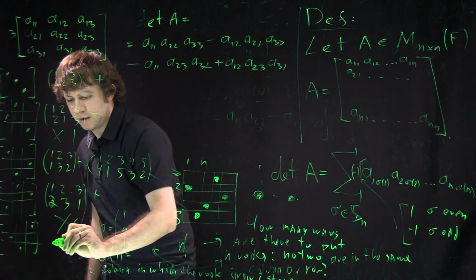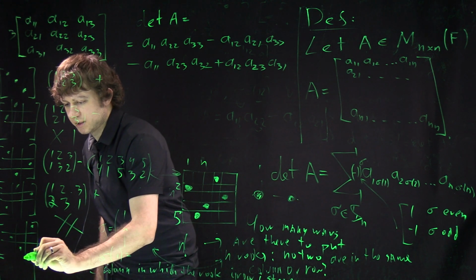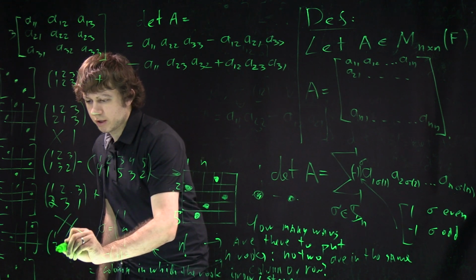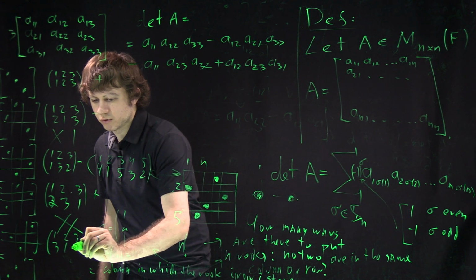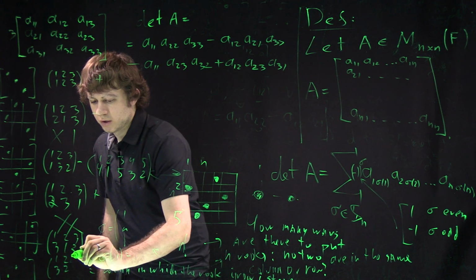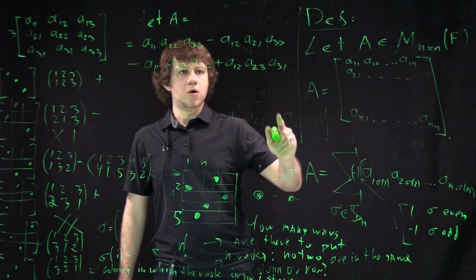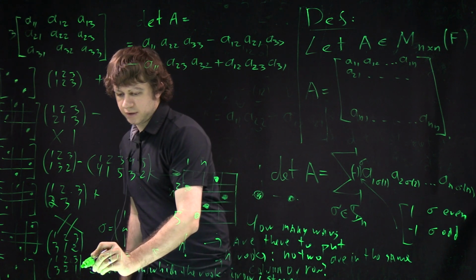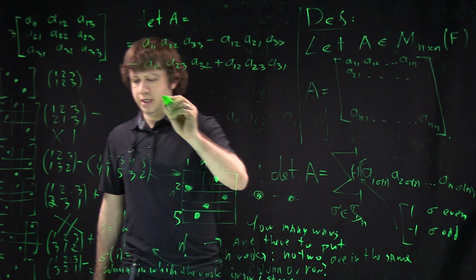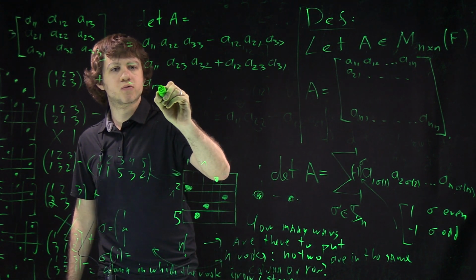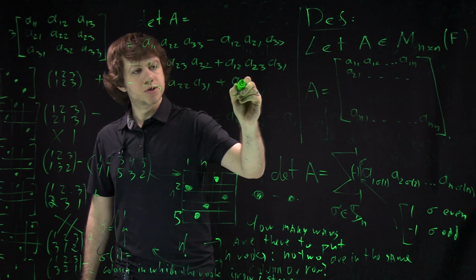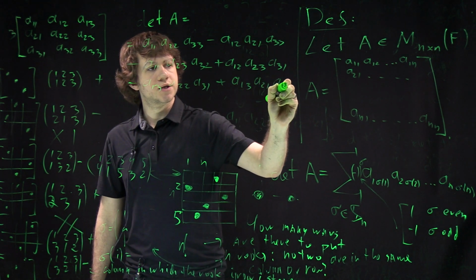So this one, and the very last one is this one. And so this permutation is 1 goes to 3, 2 goes to 1, 3 goes to 2. And this one is 1 goes to 3, 2 goes to 2, and 3 goes to 1. So this one is definitely odd, and this one is even. So then I get minus A13, A22, A31 plus A13, A21, A32.